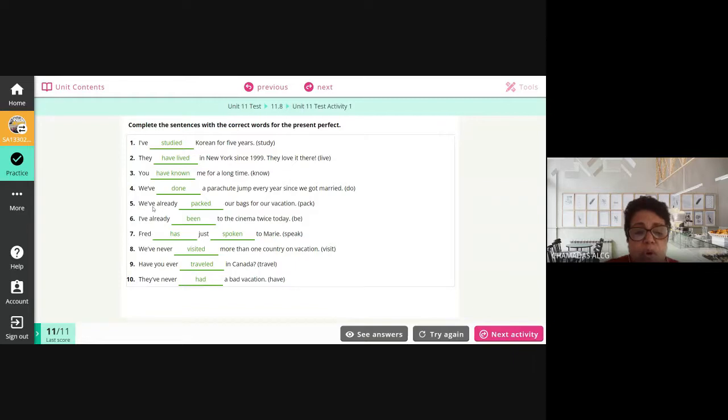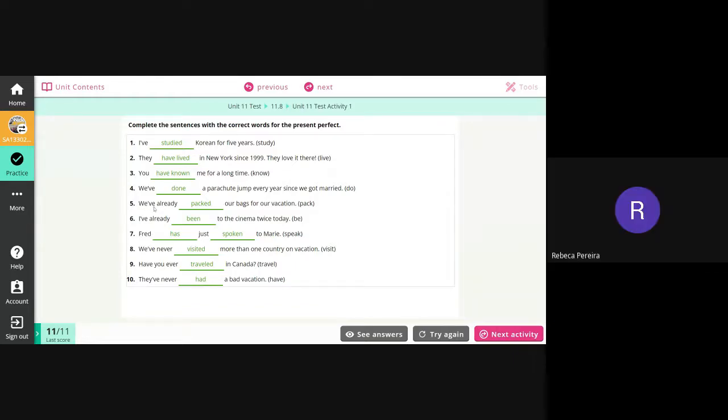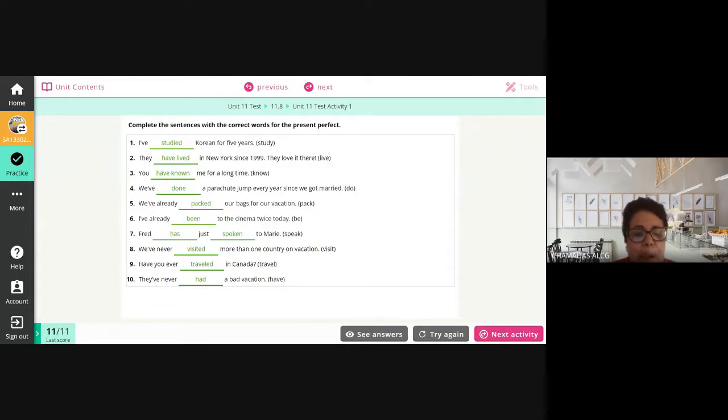So it's already in the sentence, okay? Oh, thank you. All right, you're welcome. All the sentences need to have the auxiliary. Sometimes the auxiliary is in the sentence, then we don't have to put it. Sometimes we have to put it because they didn't put it for us. So we have to put it. Okay.